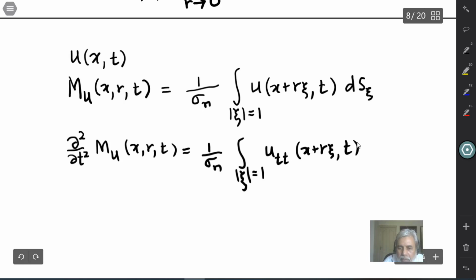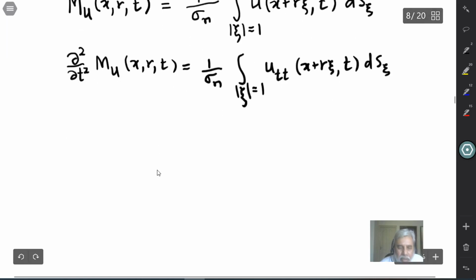You simply take the differentiation under the integral sign. And similarly, if you notice the x variable and the j variable, that is the variable of integration, they are also not coupled.